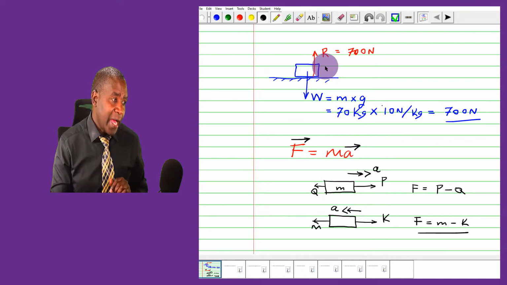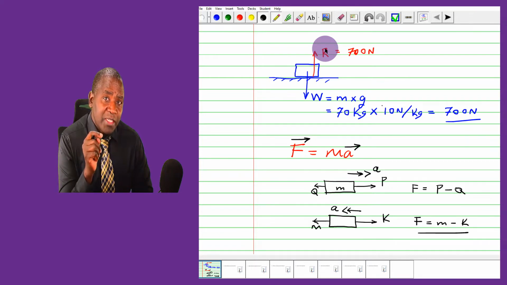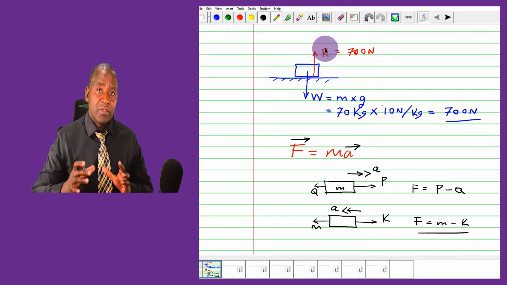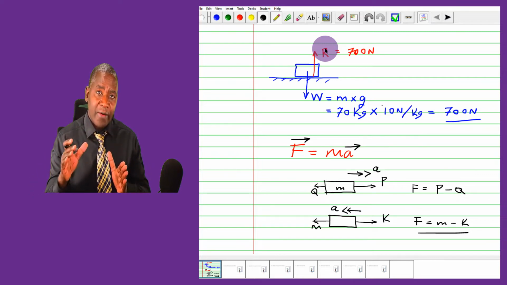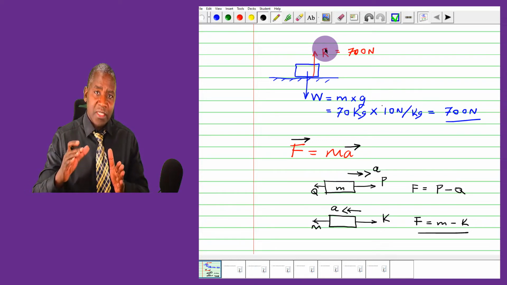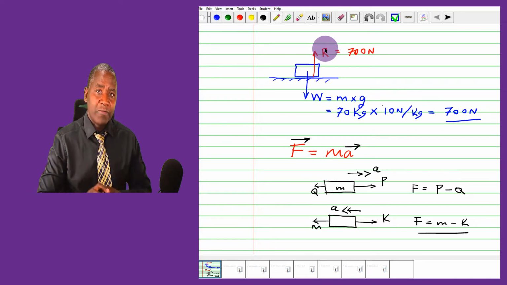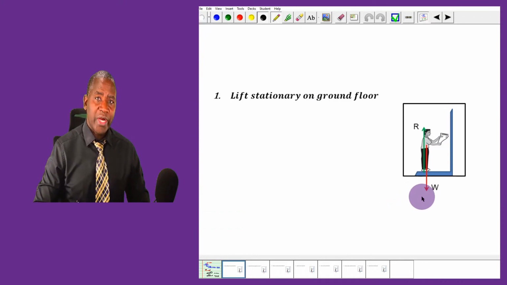And then I have already looked at the concept of the reaction force. Now let's go to the first situation where the person is standing on the weighing balance, and the weighing balance is in the lift, but the lift is stationary at the ground floor. And this is the situation I have.